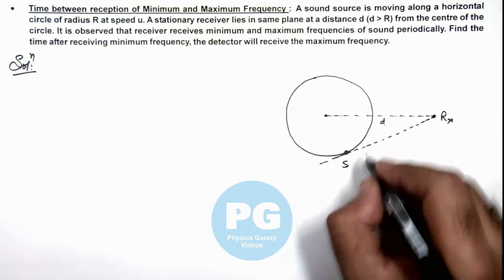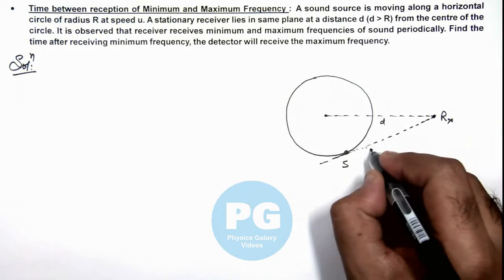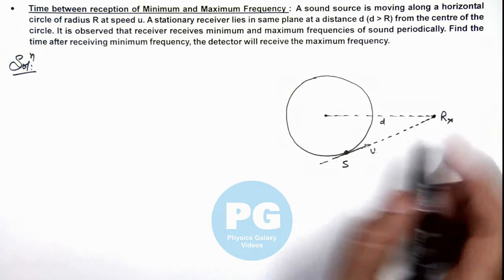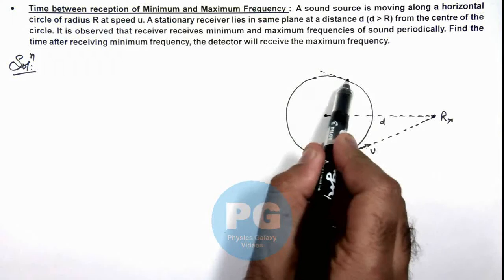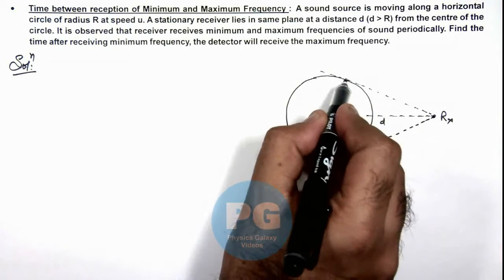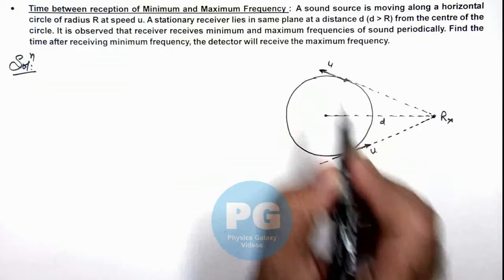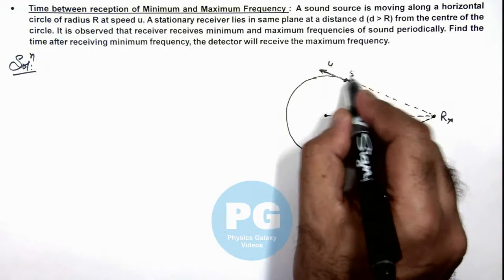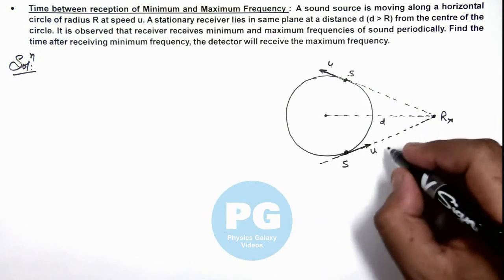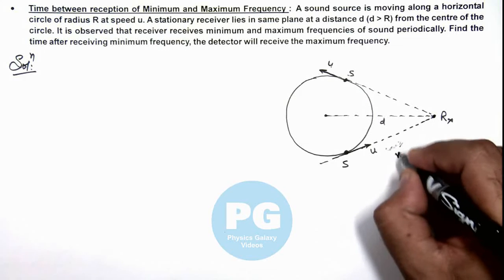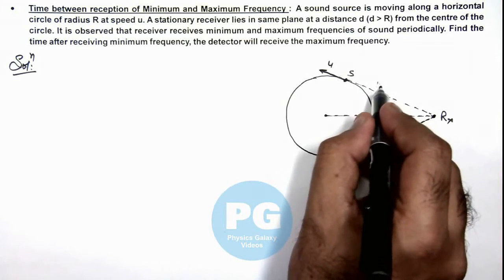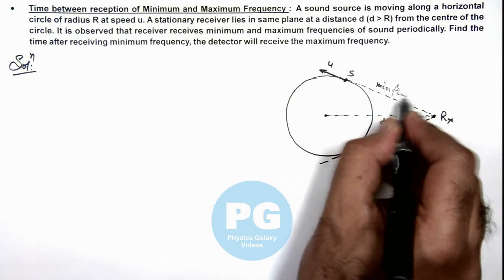If this is the source and it is moving towards the receiver at a speed u, the receiver will be receiving a maximum frequency, and when the source is receding away from the receiver along this tangent in this direction with the speed u, corresponding to this position of the source, the receiver will receive minimum frequency. So we can write this corresponding to the maximum frequency line, and this corresponding to the minimum frequency line.